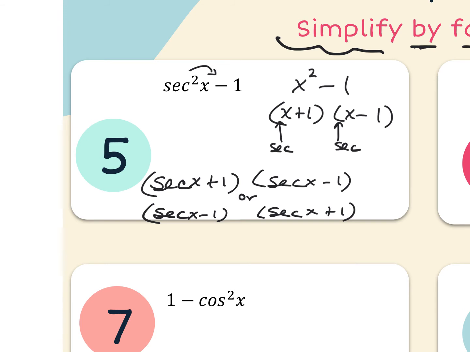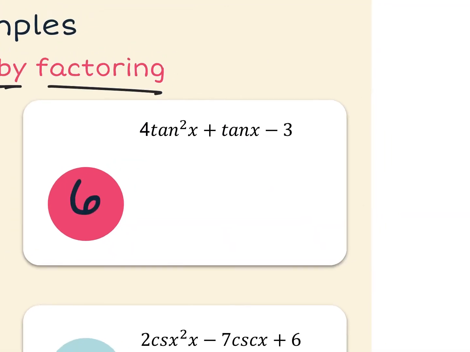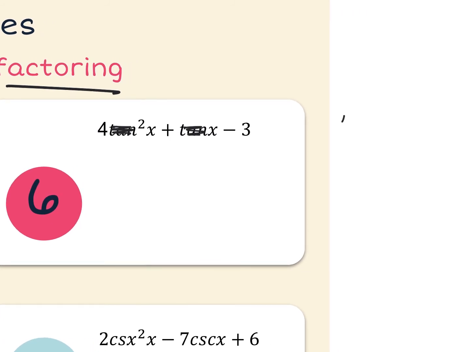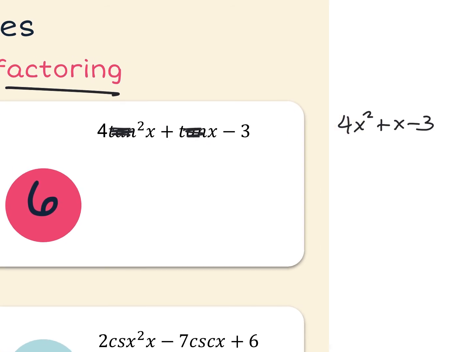Let's try number 6. This one's actually a trinomial that we need to factor. And again, if you want to pretend like the word tangent isn't there, what we can turn this into is 4x squared plus x minus 3. And now, I don't care what method of factoring you're going to use.